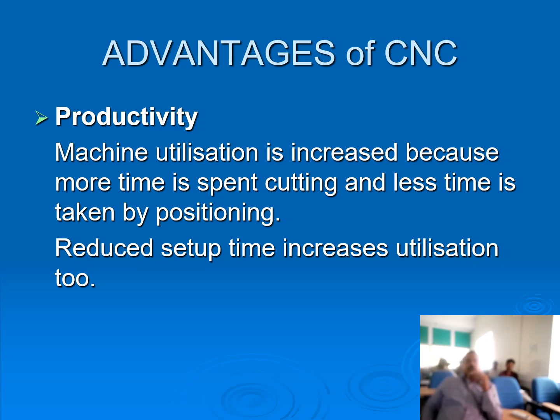That is, the machine utilization is increased because more time is spent cutting and less time is taken by positioning. In fact, when you make use of labor for doing these things, it will take more time and hence there is less productivity.